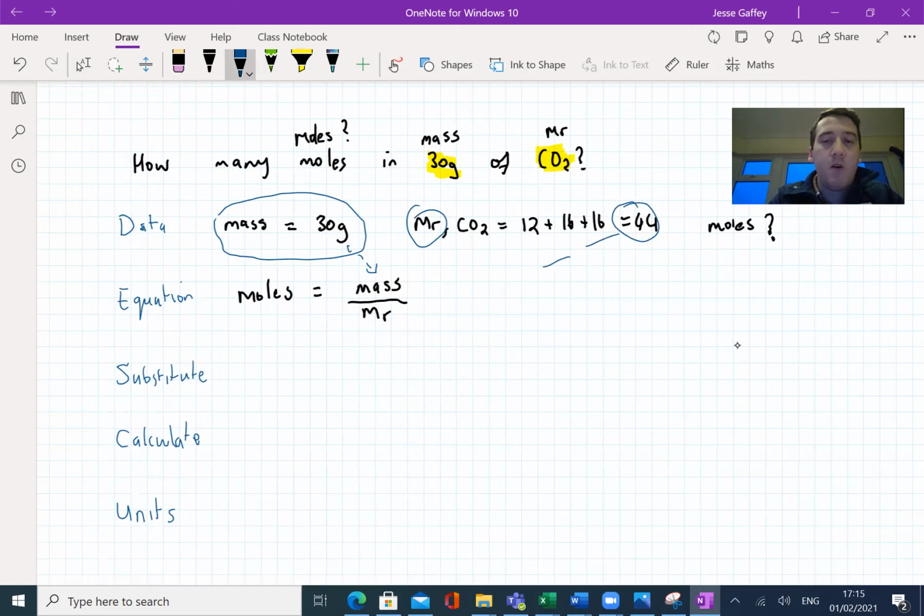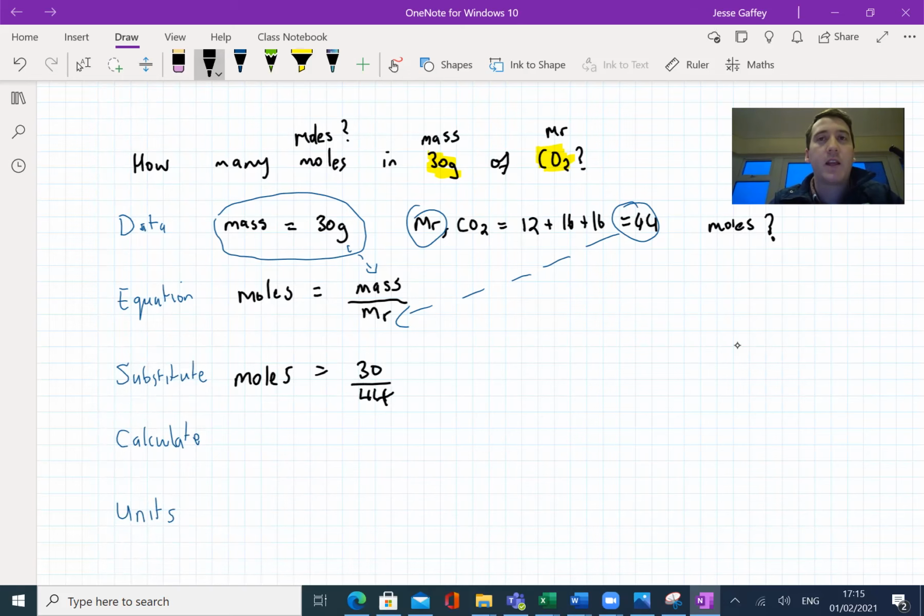So instead of MR, I can put in the number 44. What that gives me, I can rewrite my equation. Moles, I still don't know moles. So at the moment, my moles stays a word because I have nothing to substitute in, only a question mark. Moles equals 30 divided by 44. It really is this simple. You just put the numbers in instead of the words.